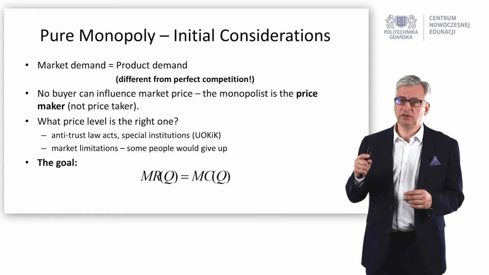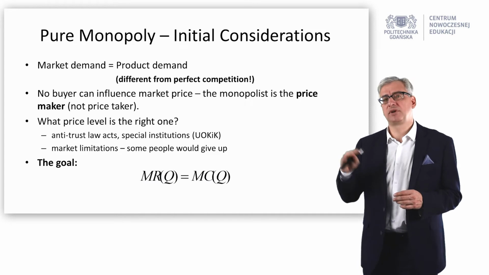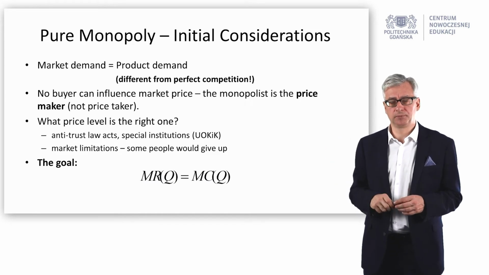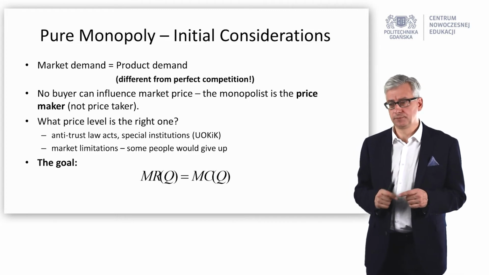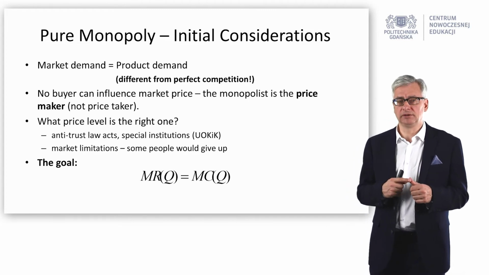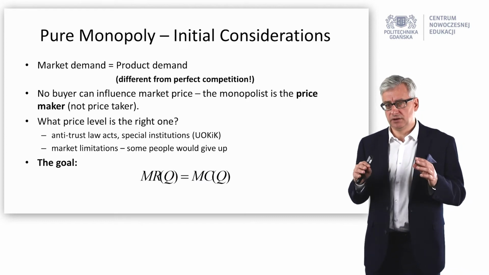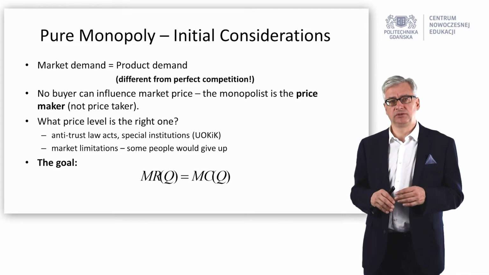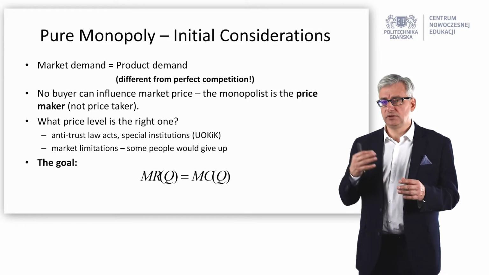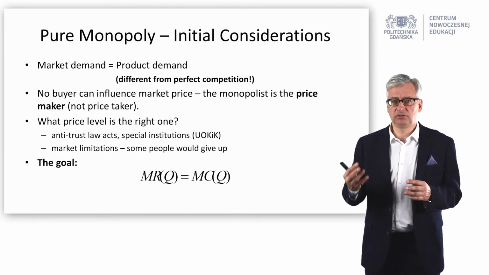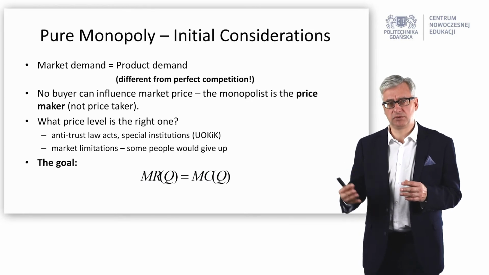But the question is, is the monopolist really free to choose whatever price level they want? Not necessarily, for two reasons. Reason number one, kind of institutional one. In many countries, actually in most countries, there is some kind of institution that monitors the level of competition in the market.